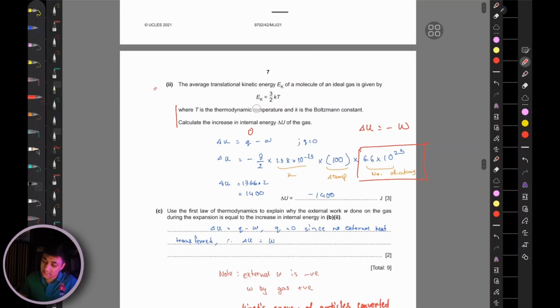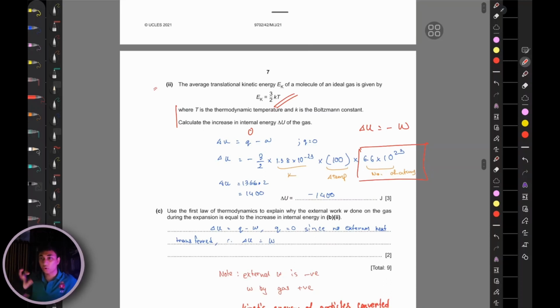Because remember, initially when I started reading this question, I mentioned this is the kinetic energy of one particle, of one molecule. So you need to multiply that with the number of particles to understand the kinetic energy of the entire system, right? This is giving you the kinetic energy of one particle or one molecule.